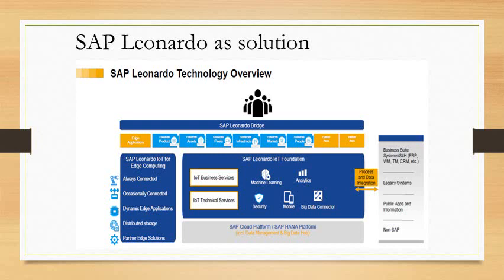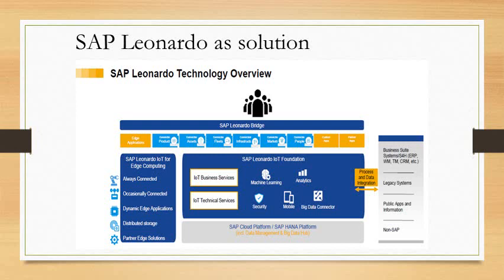The whole together constitutes the SAP Leonardo application. Existing SAP applications can be used as a building block for customer-specific IoT solutions. In other words, one or more applications can be integrated depending on the requirements of the organization.